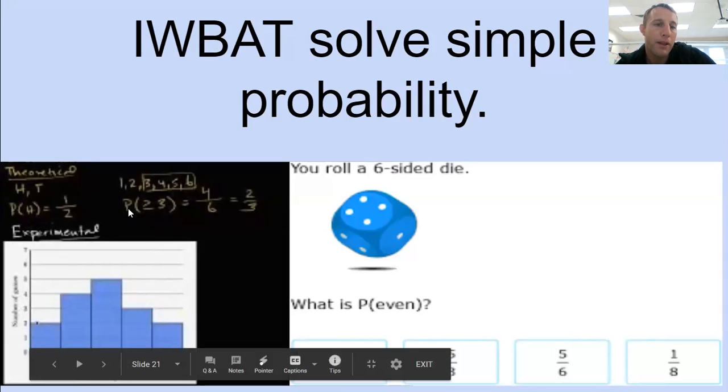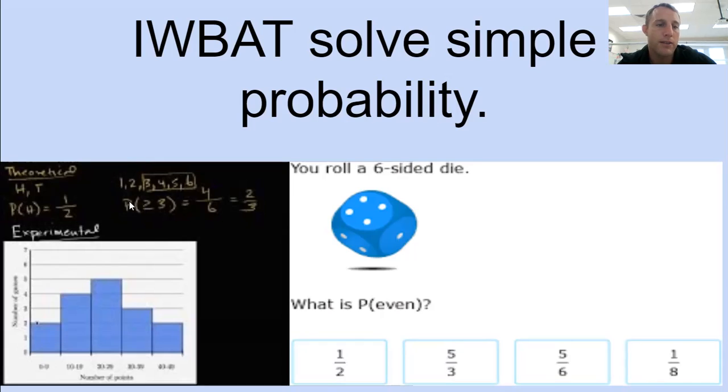Now, if let's say I have a 6-sided die, right, on this left side here, let's say I have 6 sides, 1, 2, 3, 4, 5, and 6, and it says, what is the probability I get something either greater than or equal to 3? So I need to think to myself, well, how many total outcomes are there? Well, there could be 1, 2, 3, 4, 5, or 6.